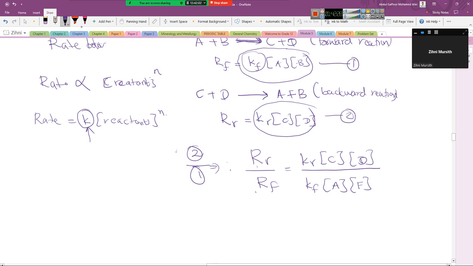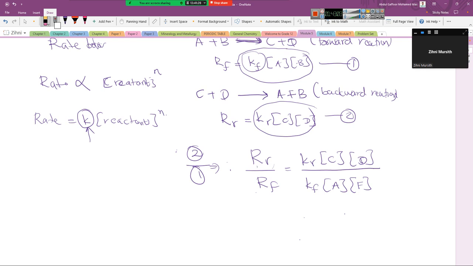Now theoretically the ratio between RR and RF is called KC, so KC is equal to KR divided by KF. If you write like this also, that is also okay.